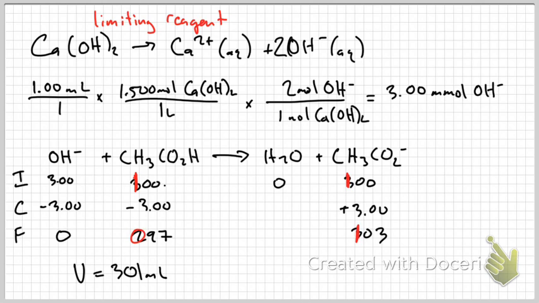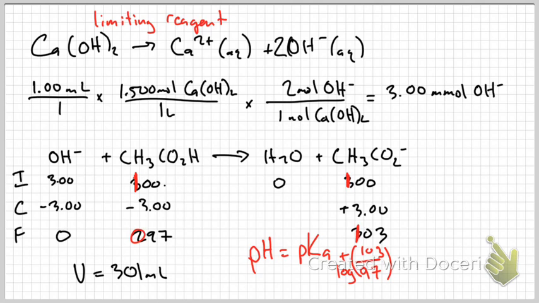Can you find the pH of the solution? What's on the top? What's on the bottom? So now, instead of pH equals pKa plus log of 1, we have plus log of this ratio.